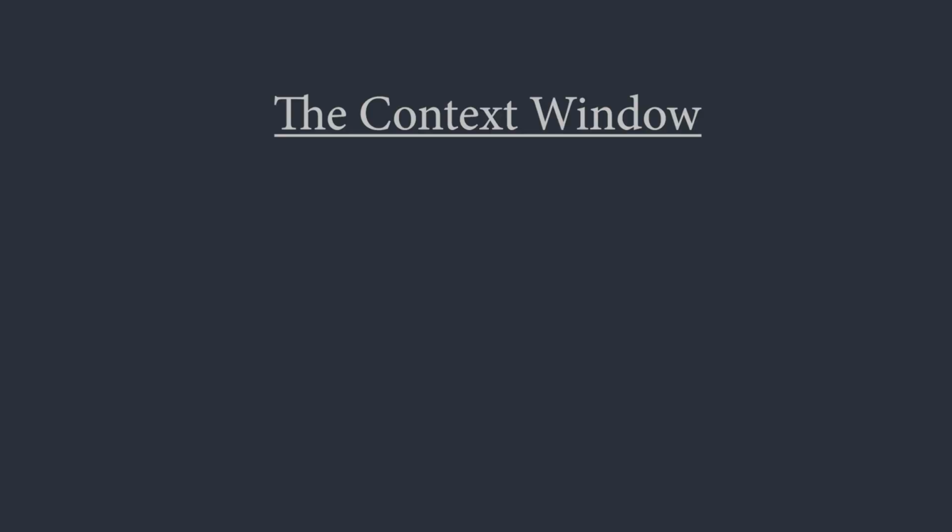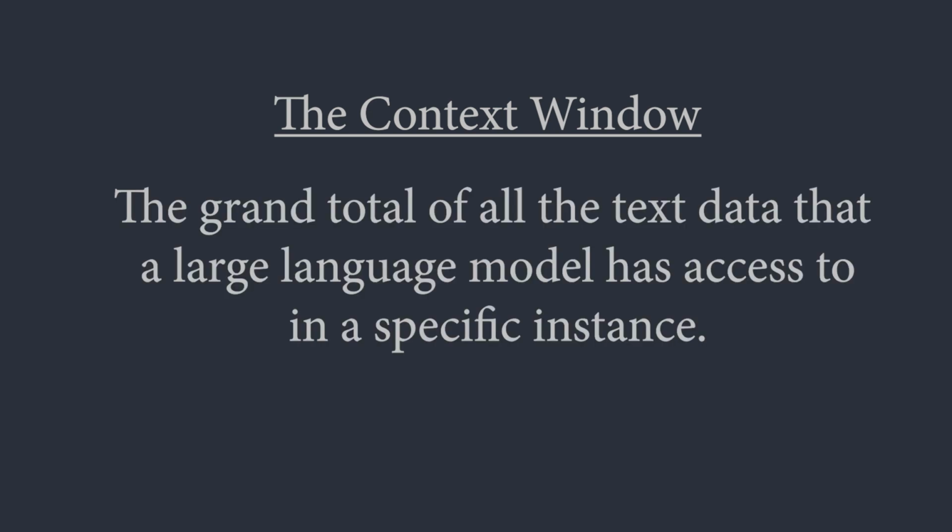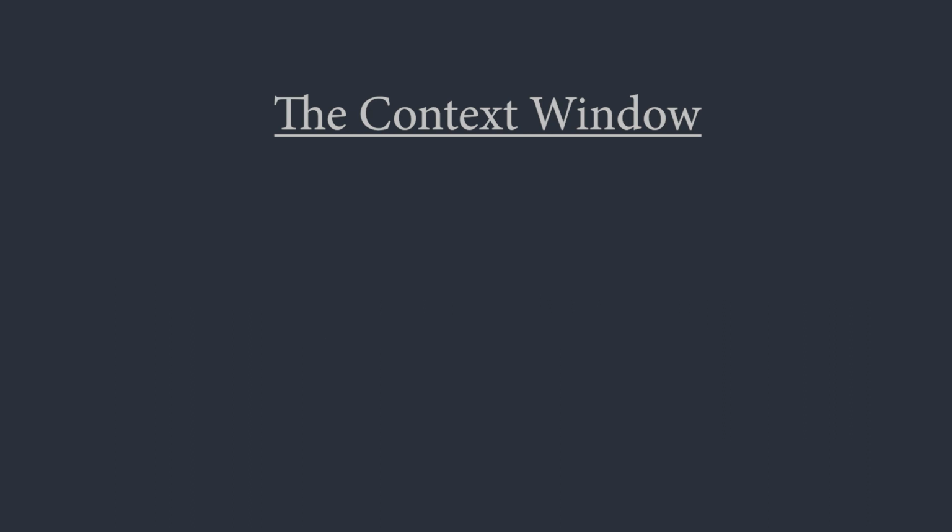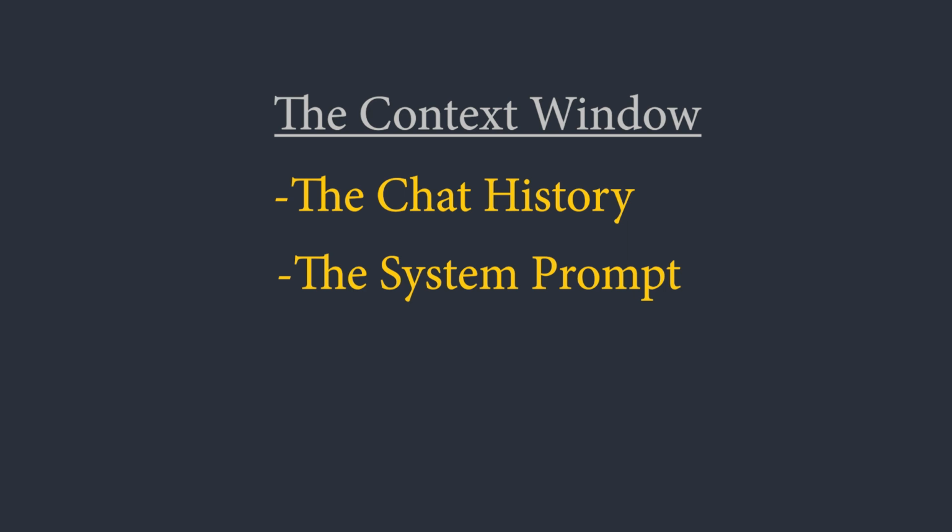With that out of the way, let's move on to the context window. A context window is the grand total of all the text data that a large language model has access to in a specific instance. For ChatGPT, at the time of this recording, the context window is composed of 2 major parts: the chat history and the system prompt.